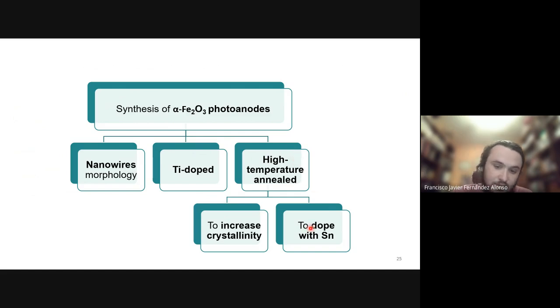On the one hand, to see the effect of the increase in crystallinity, and also to see if we are able to dope the structure with tin, since the substrate is fluorine doped tin oxide, and we wanted to see if by applying this high temperature annealing we can diffuse the tin into the hematite.